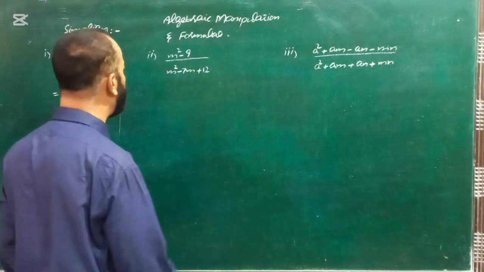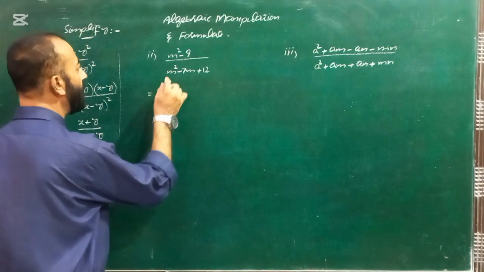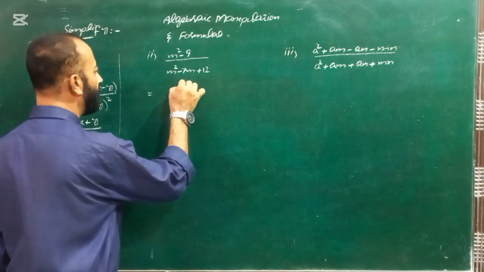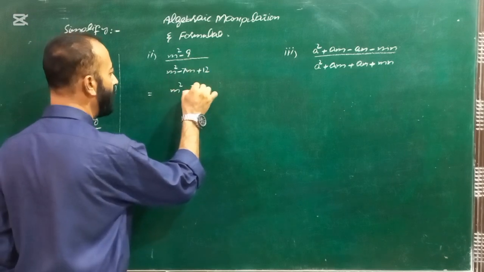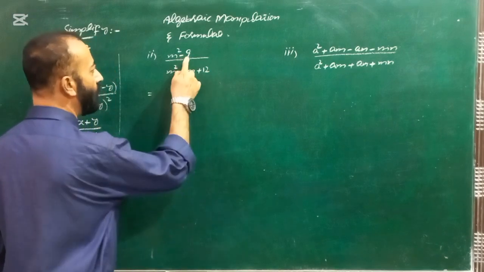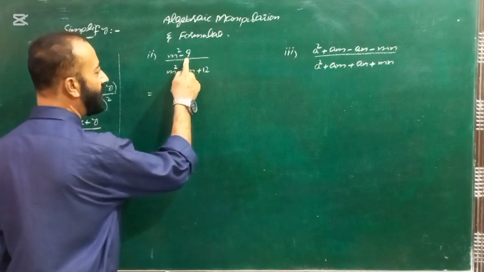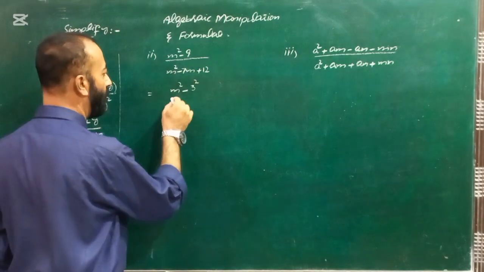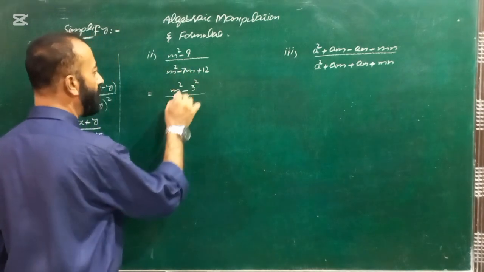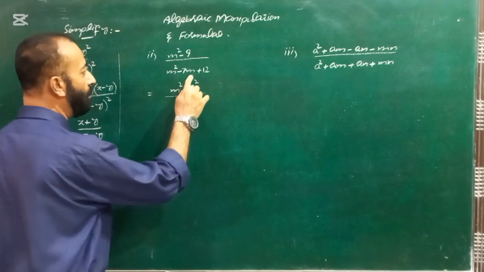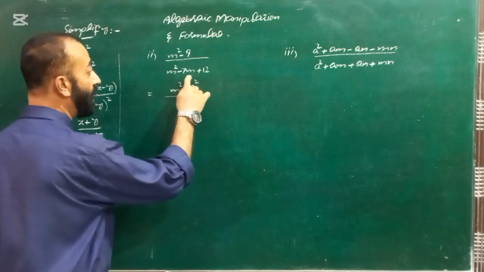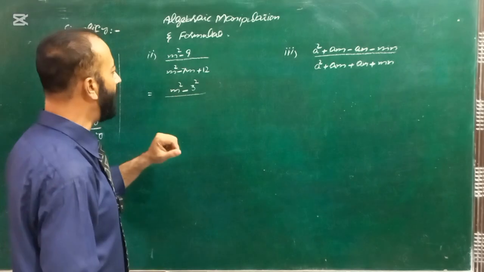In this question, you can see that m square is a square of m, and 9 is a square of 3. So we have written 9 in this form, and in the denominator m square minus 7m plus 12, this is a quadratic expression.